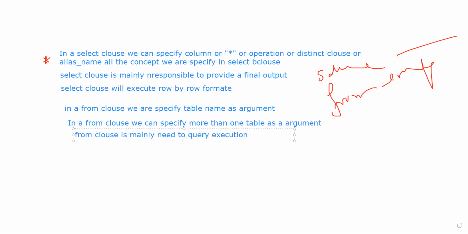Then, guys, what is alias name? Alias name is an alternative name given to any column or expression, which is called alias name. Right, guys, written? Shall I remove? No, sir. One minute. Write down, guys, first.